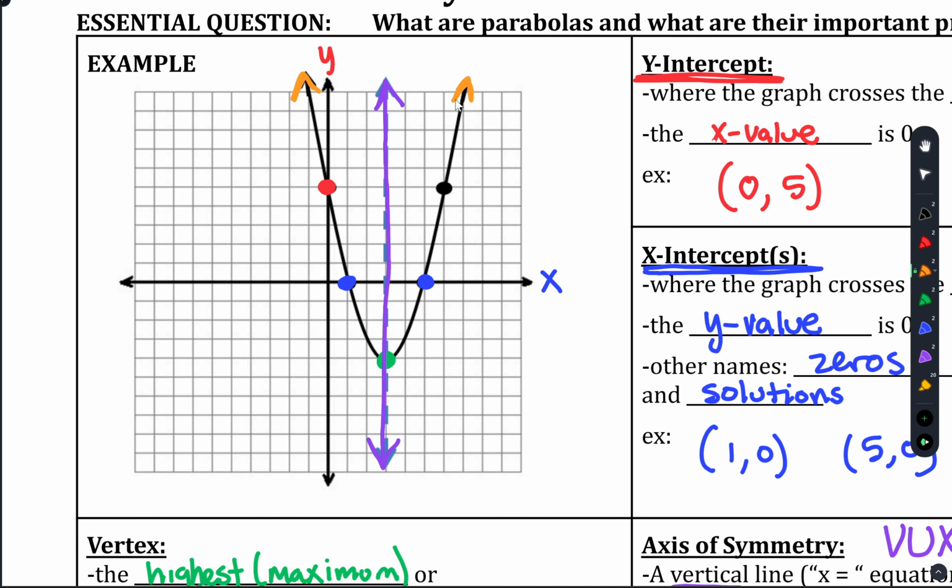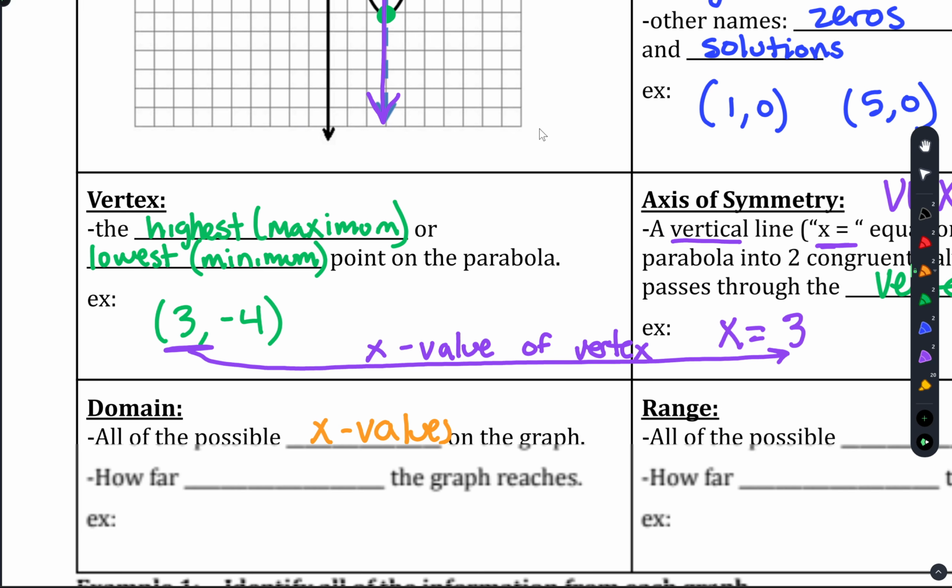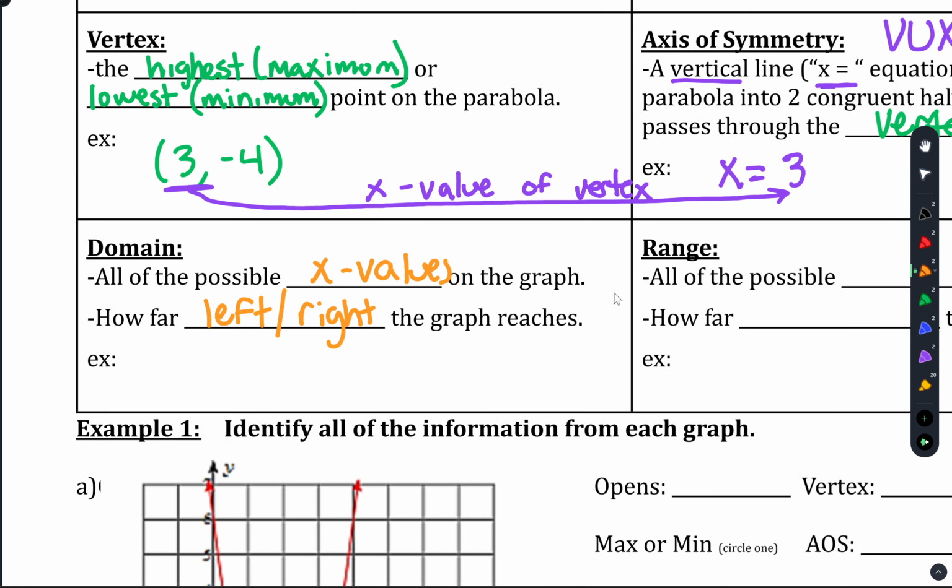So if we take a look at those arrows, they're pointing up and outwards, which means this graph keeps going up and it keeps going outwards. If you think about getting bigger and bigger and bigger forever, it's going to eventually touch every single number. So my domain, every single parabola that we do, is all real numbers.